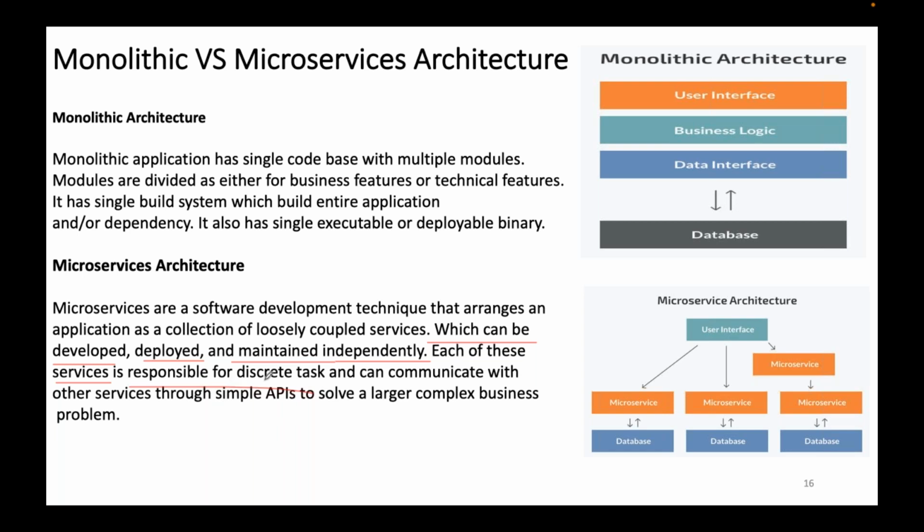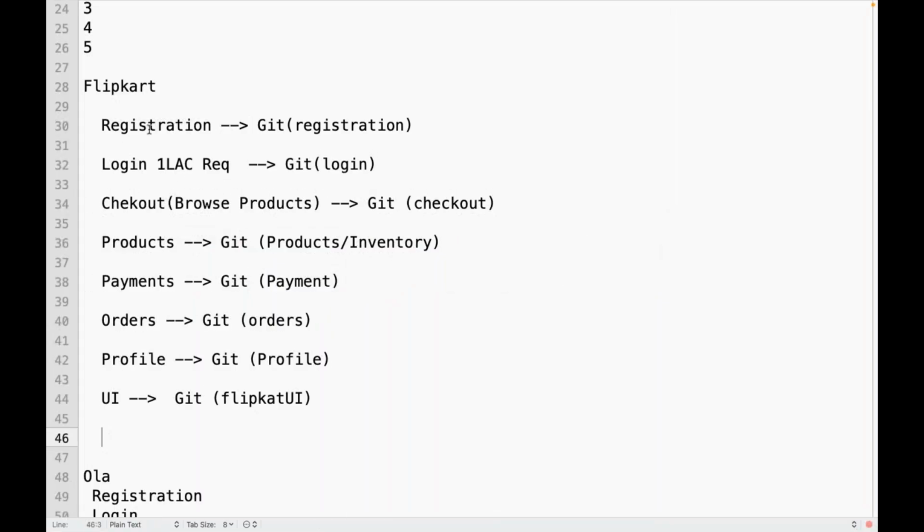So just to give an example, suppose I have developed a microservice architecture for Flipkart. Is this registration microservice responsible for only performing registration related activities? Is the login microservice responsible to support only login related activities, login related APIs?